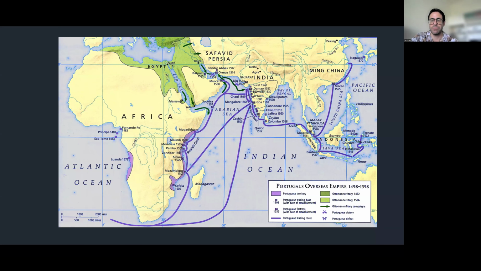They were essentially a maritime empire that was based off of controlling the Indian Ocean, and basically built all these forts along different key paths in the northern and eastern Indian Ocean. You can see also here how they controlled the Moluccas and parts of what is essentially Indonesia today, but also the East African coast and parts of the West African coast.